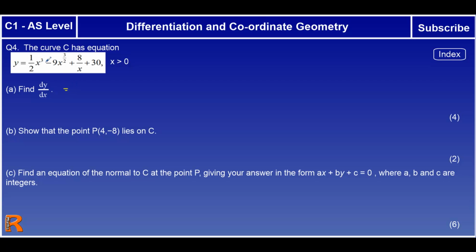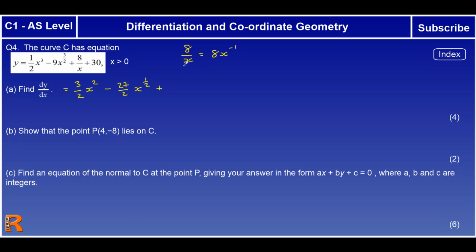So take 1 off, take the power times by the fraction, so that's 3 lots of a half, which is 3 over 2. Take 1 off the power to give me x squared, that's one term. 3 over 2 times 9, the 9 times the 3 is 27 over 2, x to the, take 1 off the power, 1.5 minus 1 is a half. And then we've got this bit, 8 over x is the same as 8x to the minus 1.